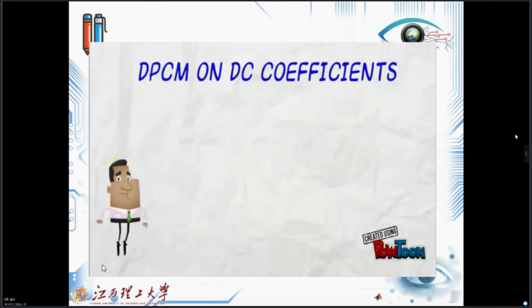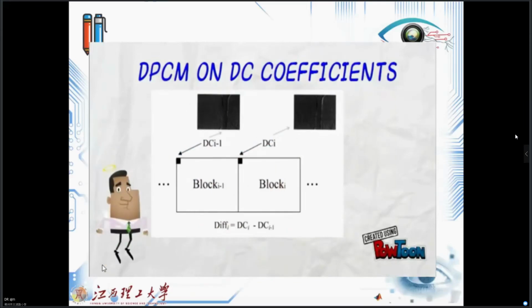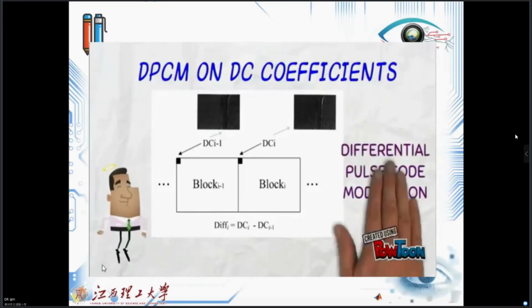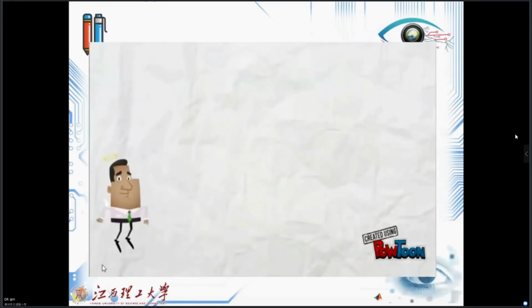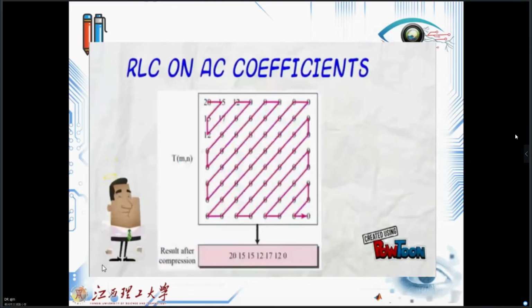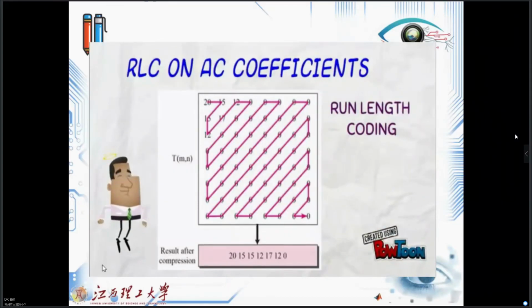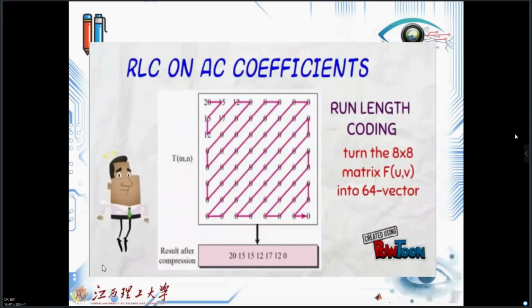Then we do DPCM on the DC coefficient. Then RLC comes into the picture for the AC coefficients, run length coding, RLE, and turn it into the 64 vector.